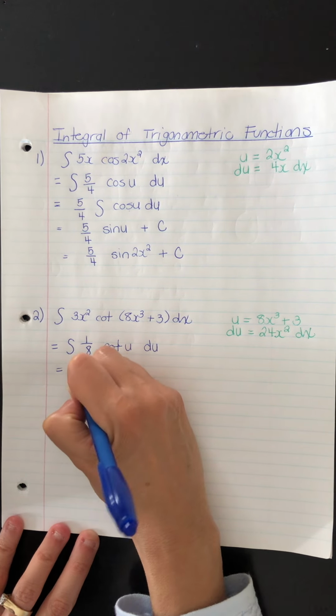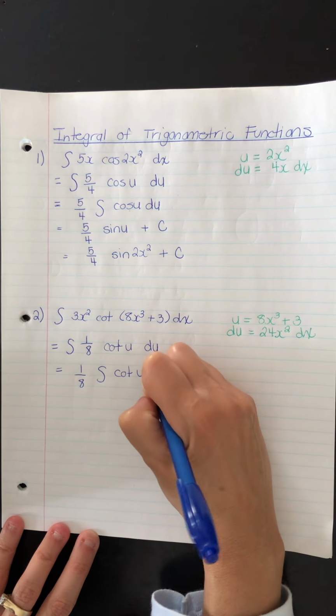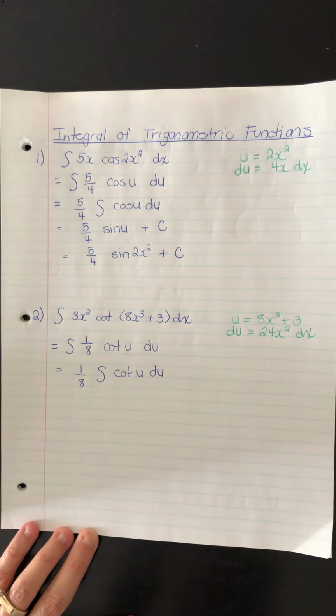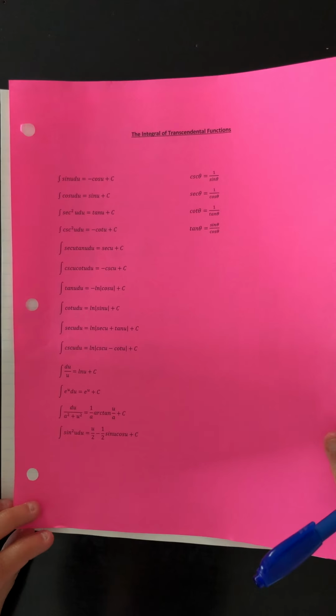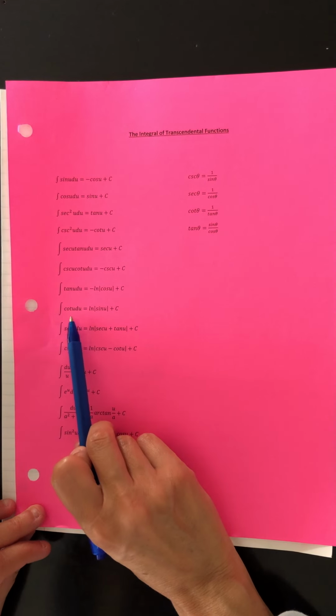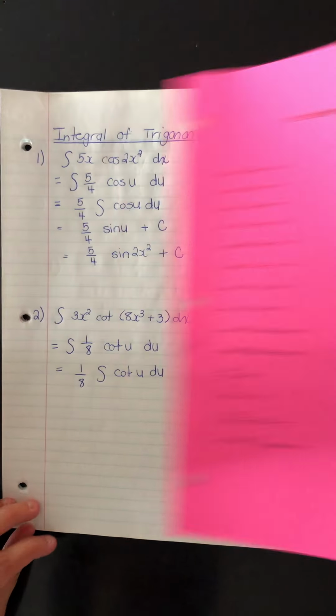Again, in order to integrate this, we simply move that constant to the front, and then we can look up the integral of cotangent u on our integral sheet. It's here. The integral is the ln of the sine of u.